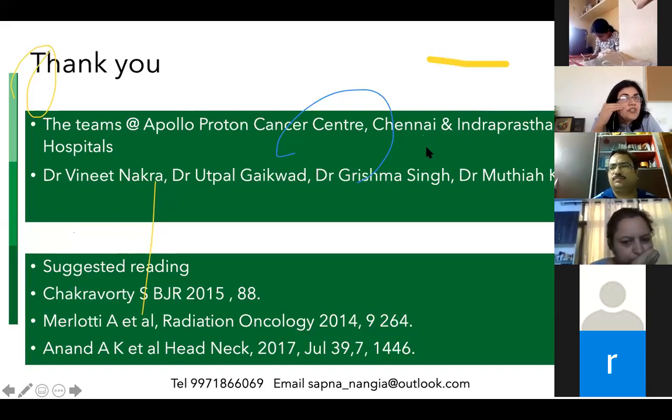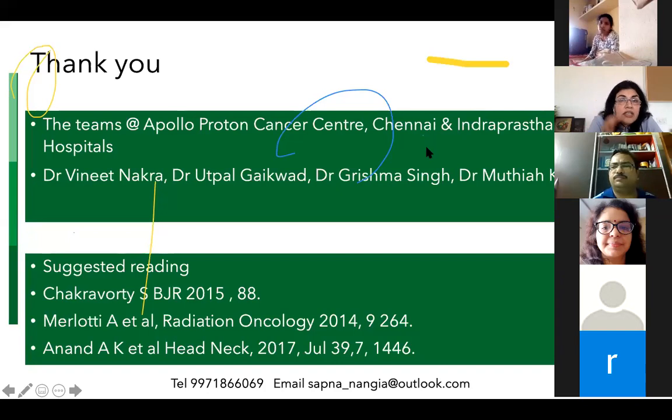We have treated up to this part, and just superior to that is where they fail. So yes, we need to treat this entire area to at least 50 gray. Above the zygoma, we need to treat to 50 gray.